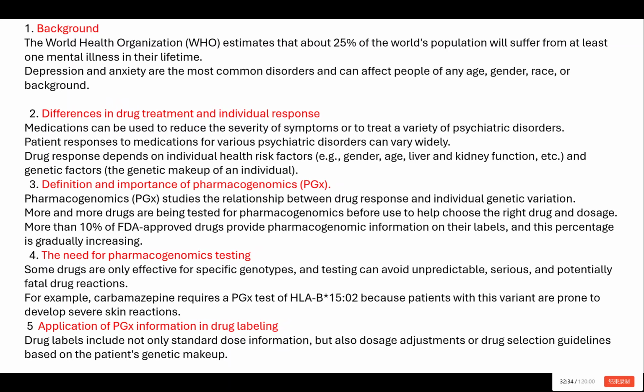Pharmacogenetics is very important. Pharmacogenetics studies the relationship between drug response and individual genetic variation. More and more drugs are being tested for pharmacogenetics before use, to help choose the right drug or dosage.